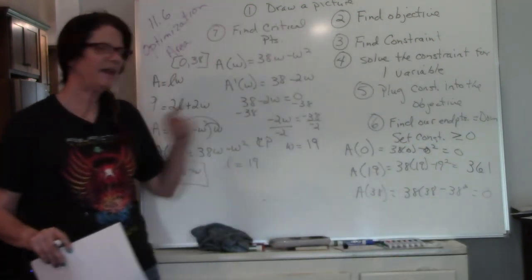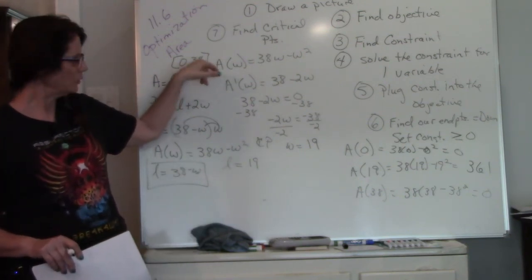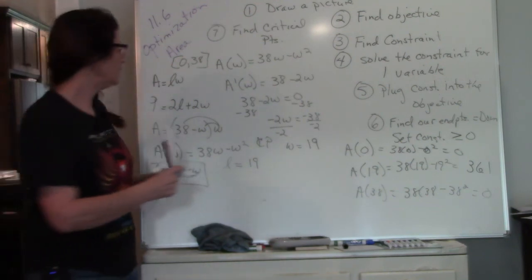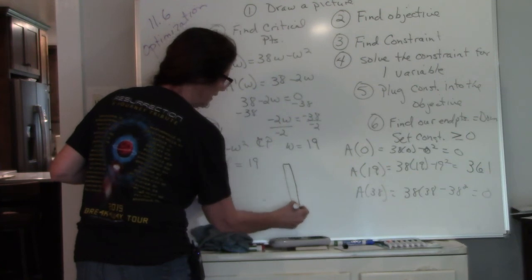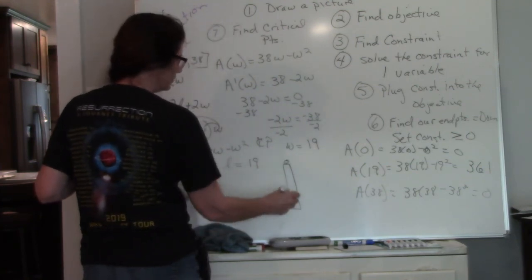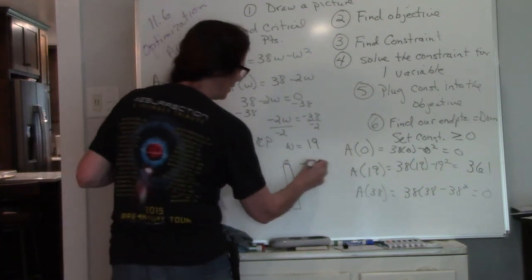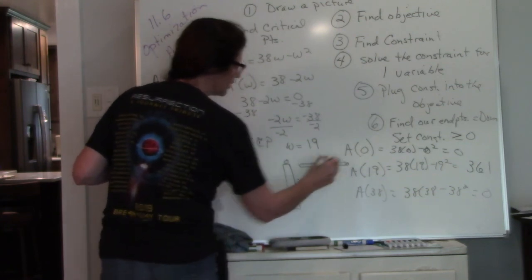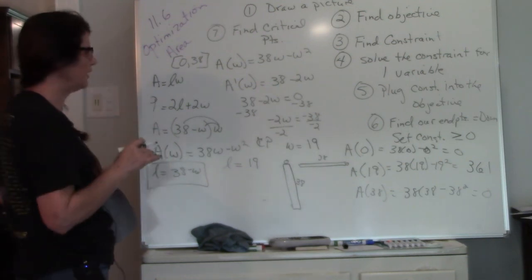If my highest value is 38, and that's what my width is, my length has to be 0. Okay? So it's kind of like when we drew the picture, we have a couple different options. If my width is 0, my length is going to be 38. If my width is 38, my length is going to be 0, because we've used up all the values.